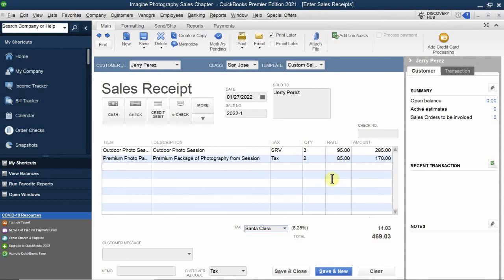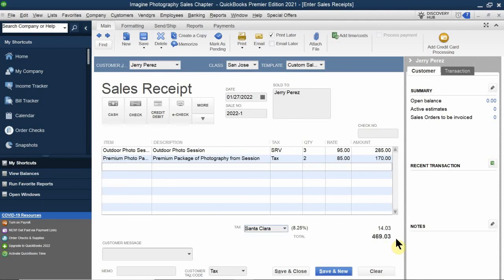So that means because this item right here is taxable, it's only going to charge the tax on that. So that means I'm only going to be collecting $14.03 because I sold $170 worth of products. Okay? And it gives you the grand total right here, $469.03.